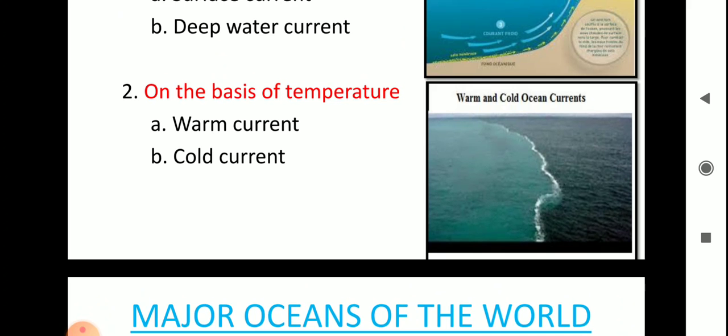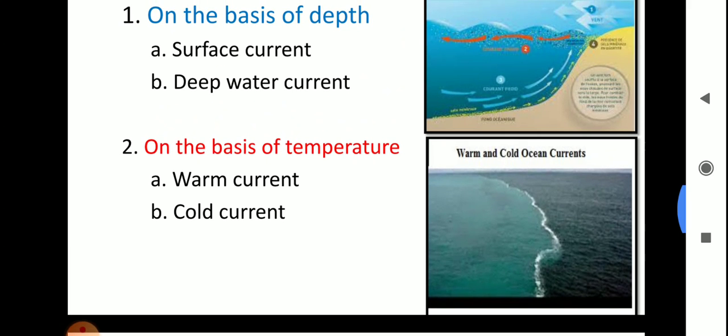Vice versa, warm currents originate from the equator or warm areas and move towards colder areas. They are seen on the eastern side in the low latitudes, in contrast to the cold currents, and on the western side in the higher latitudes in the northern hemisphere, and vice versa in the southern hemisphere.